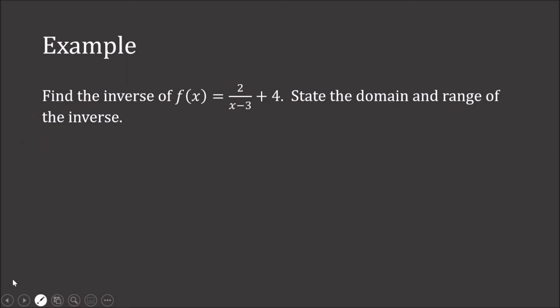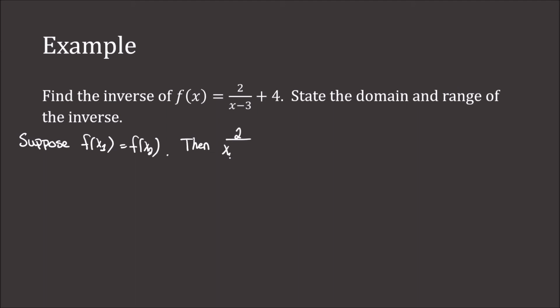So, suppose that f of x1 is equal to f of x2. And remember, when we studied one-to-one functions, what we have to do is show that x1 is equal to x2. So then this means that 2 over x1 minus 3 plus 4 has to equal 2 over x2 minus 3 plus 4.